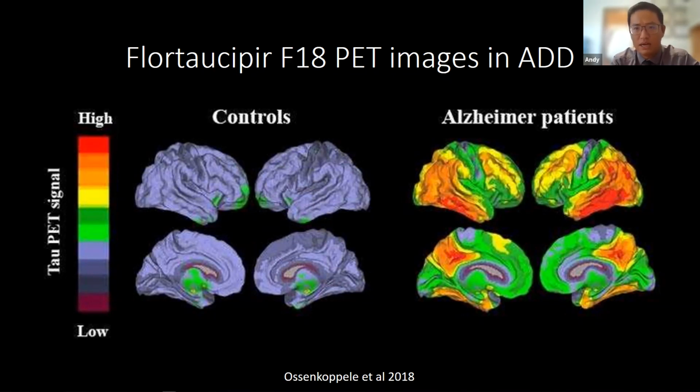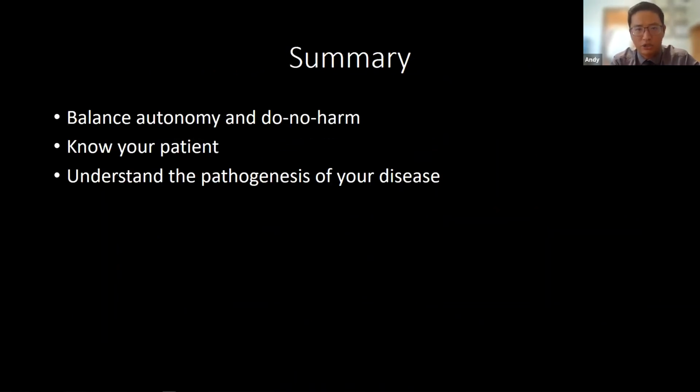So just to summarize, I think as long as you can balance a patient's autonomy and do no harm, those two concepts, in the context of knowing the patient, knowing their preferences, knowing their personality, are going to really help you determine what you disclose in the research realm versus what you do not.